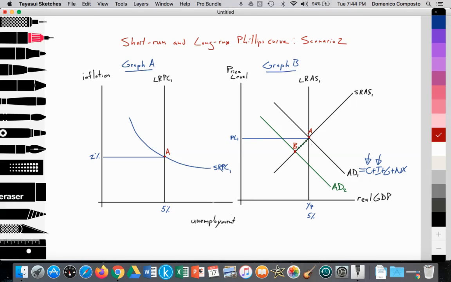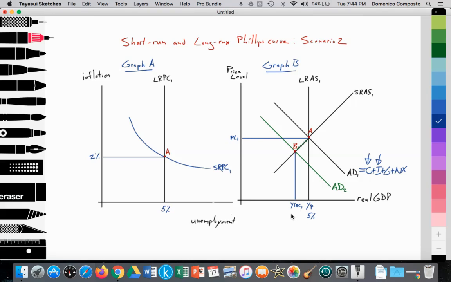And as firms reduce their quantity of aggregate supply, they're going to begin to fire excess resources like labor to minimize their costs, and that will lead to an increase in unemployment. So here we see real GDP is decreasing from YP to Y recession.